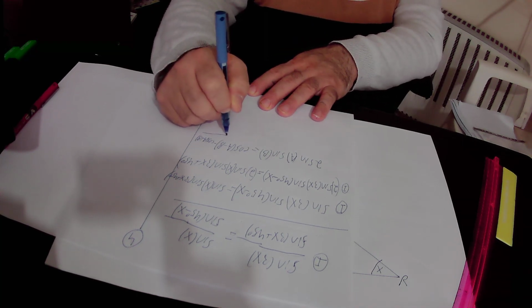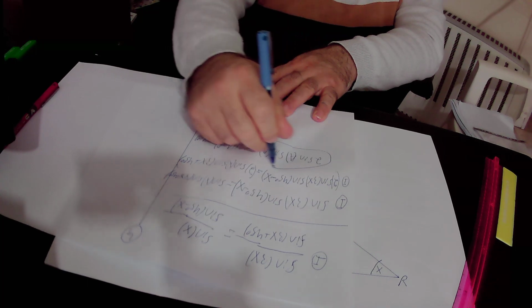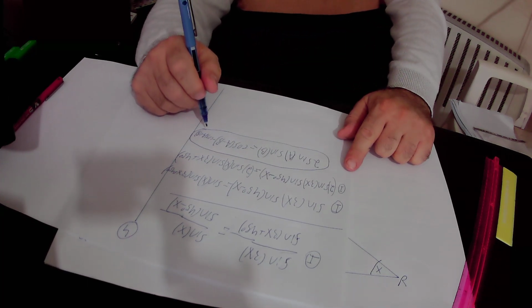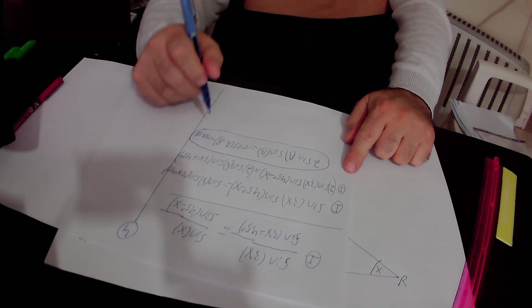So we'll use this trigonometric identity in order to simplify our equation number 1.